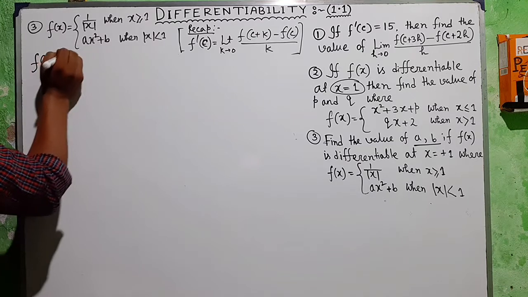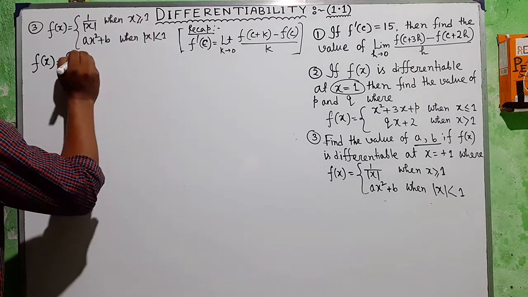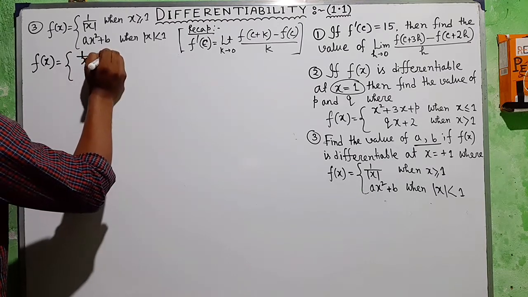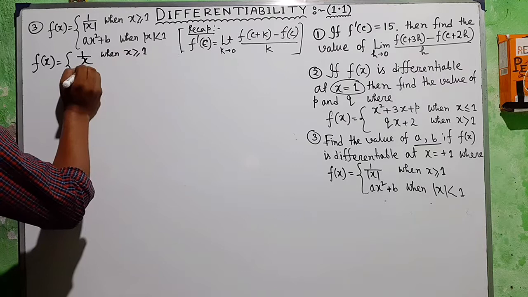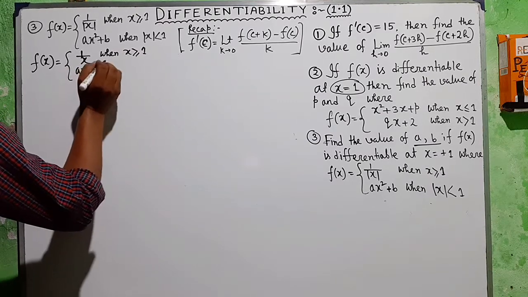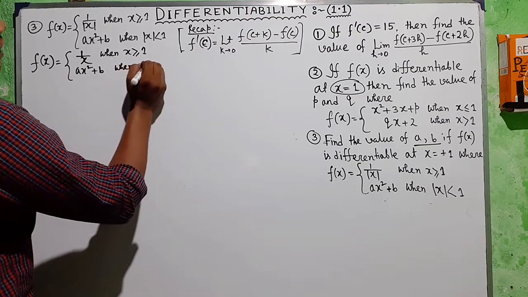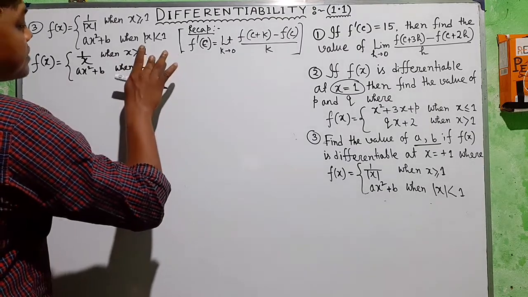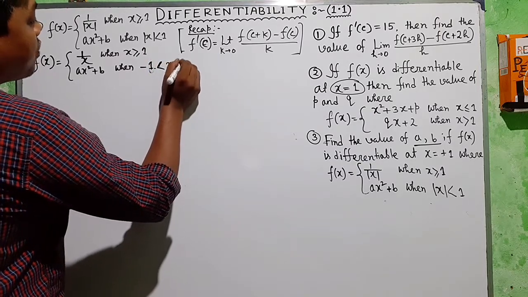So just we remove the mod, because x is positive quantity, that is greater than 1, that is 1 by x when x greater than equal to 1, and ax square plus b, if I omit the mod, so the inequality relation is minus 1 less than x less than 1.